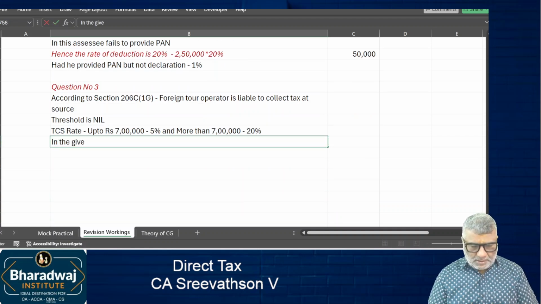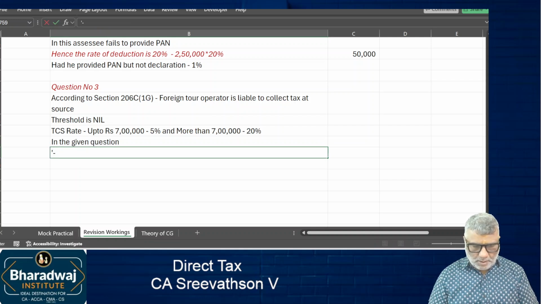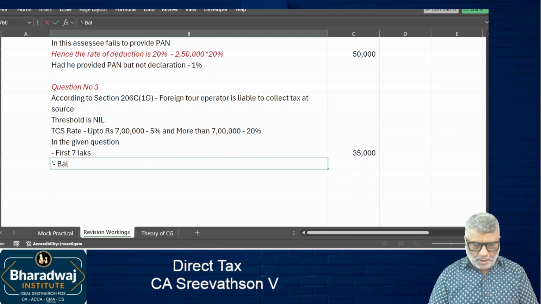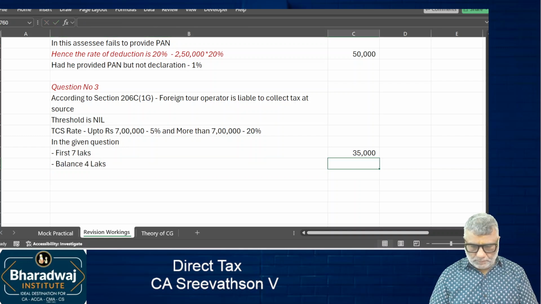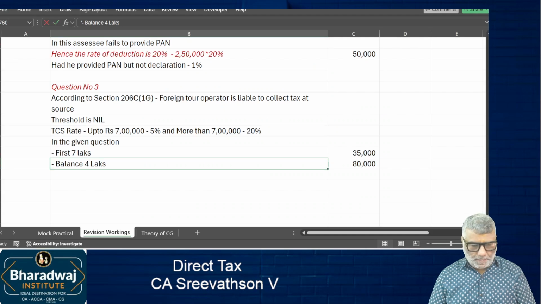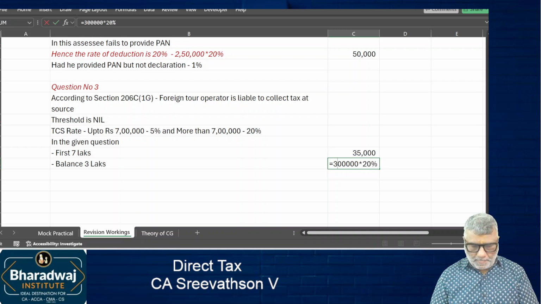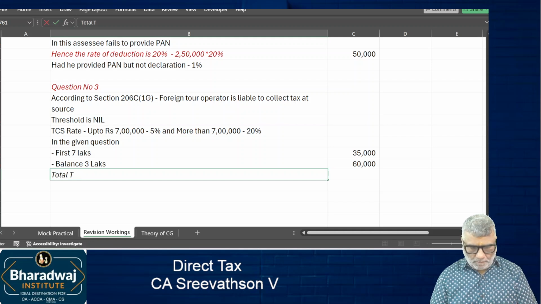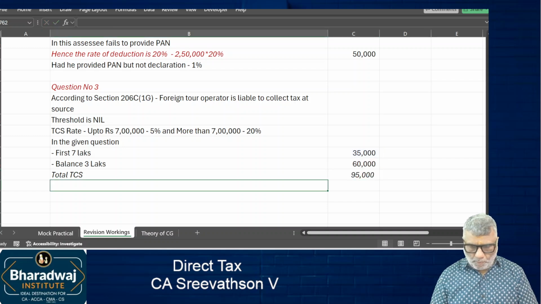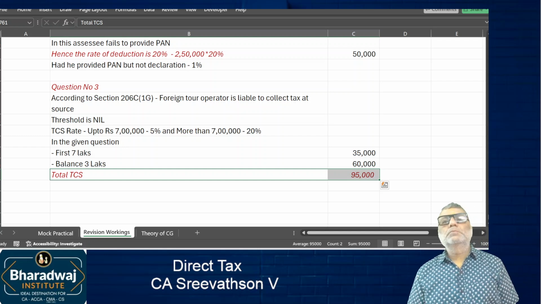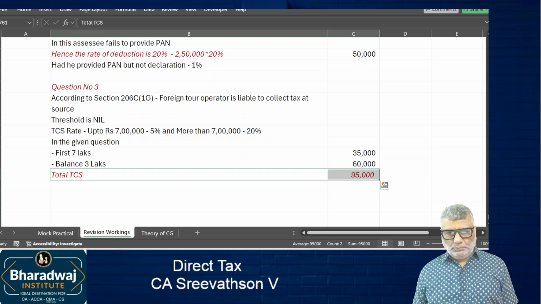So, in the given question, first 7 lakhs, balance 3 lakhs, 10 lakhs in total. Clear?